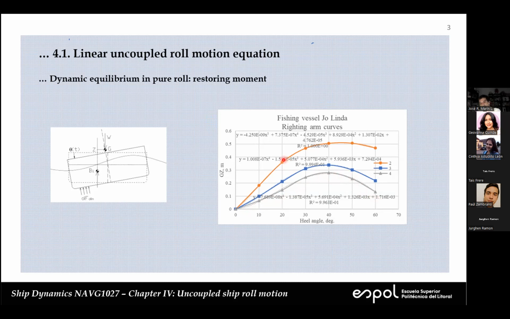So we're going to assume that we are going to be working in this area. In this area, this is basically a straight line.